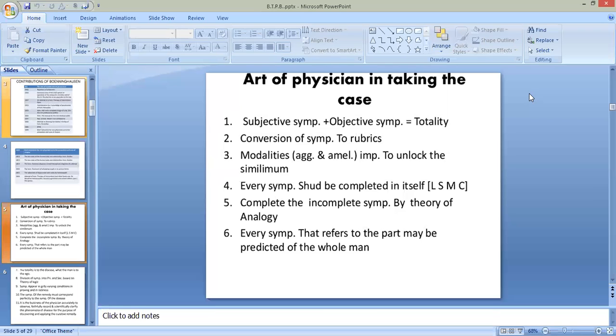It is not only important from your exam point of view, but also in clinical practice, when you start your practice, after the first prescription, for selection of the second remedy, this concordance section, this relationship of remedy section, is very much helpful.